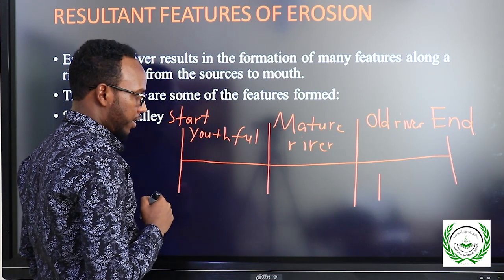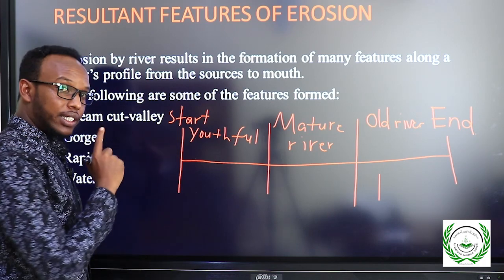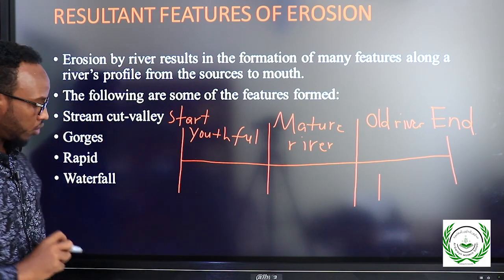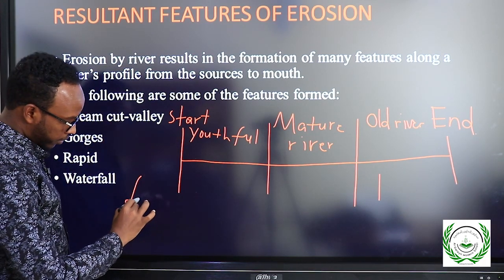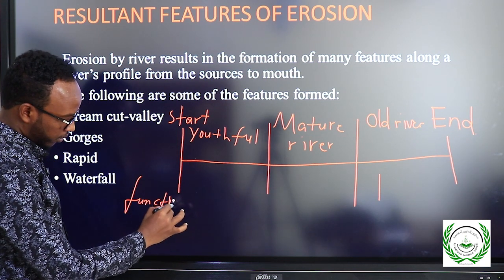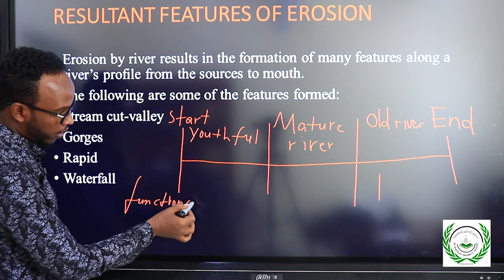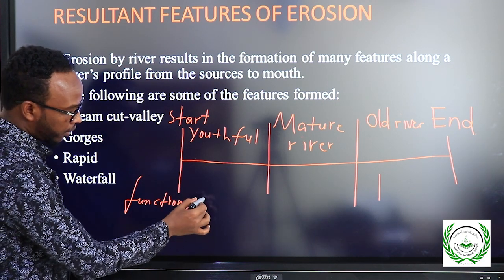Youthful river. We talked in the previous lesson about the functions of the river. Functions of the river.